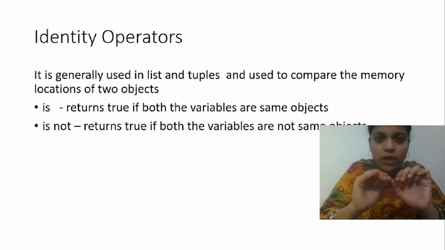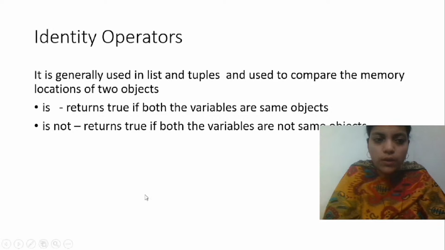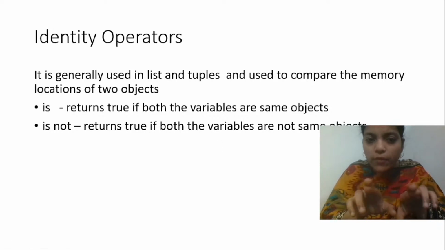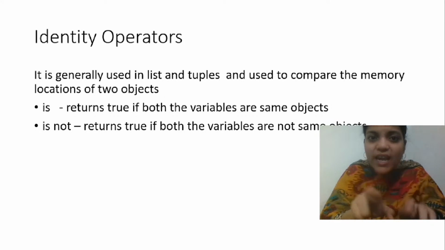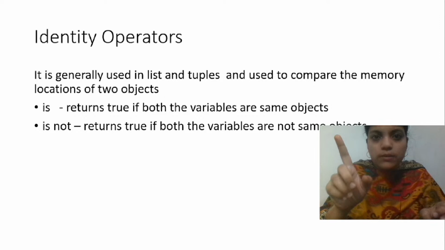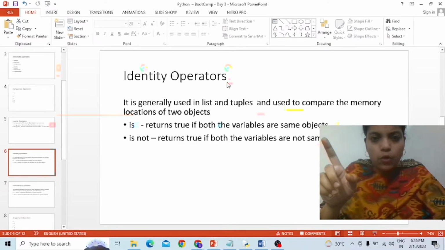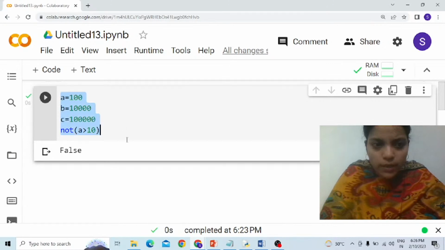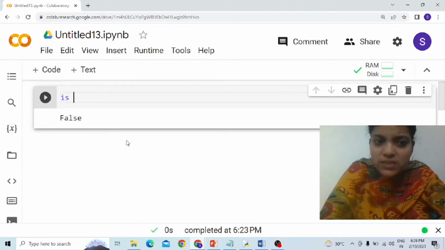What do you mean by memory location? I'll answer that shortly. My definition of is: it returns true if both variables are the same object, not if they hold the same value.